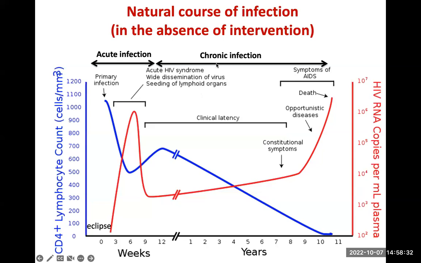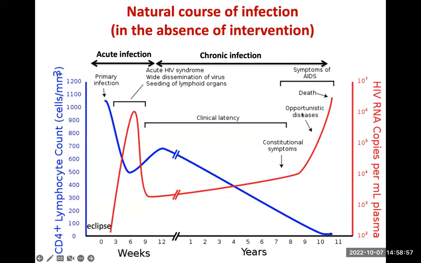And then you have what we call the chronic phase, during which most people are fairly asymptomatic. This will therefore say that it is a period of clinical latency. And then we have the end stage disease stage, where someone is developing AIDS and opportunistic infections start coming up.